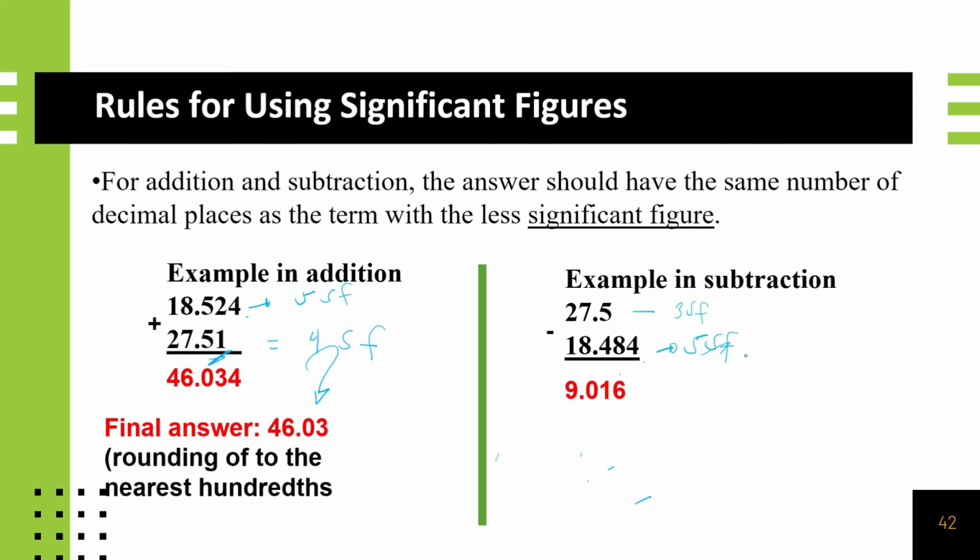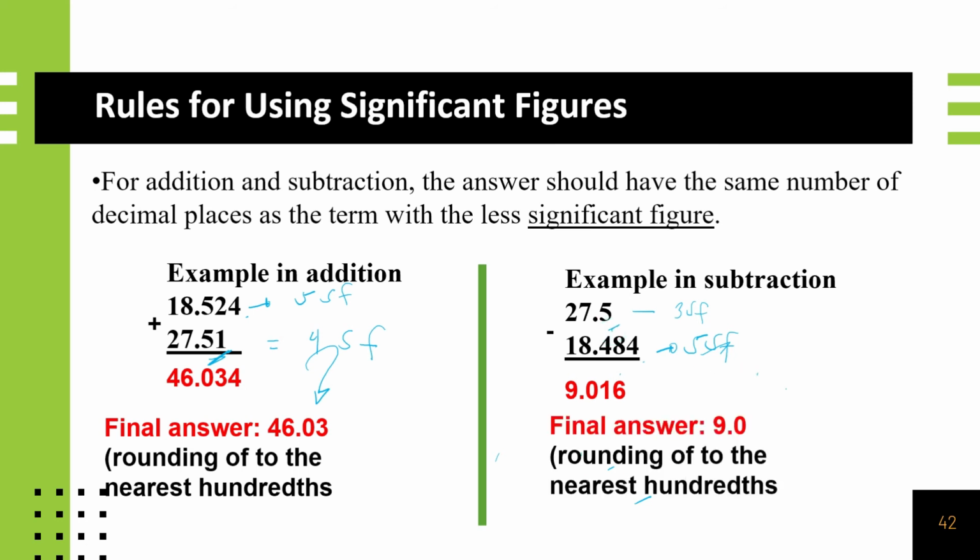We follow the 3 significant figures and 1 decimal place. So, the answer should be 9.0. Why 9.0? With 3 significant figures, this is 9.02. So, it can be 9.02 or 9.0. Many people get confused here, especially in what I saw on YouTube.